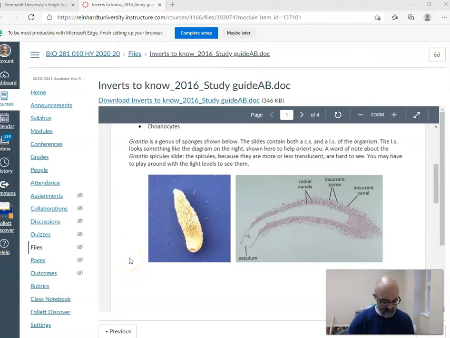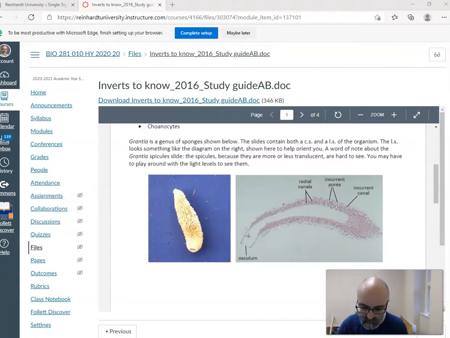The slide that we're going to be looking at is called the Grantia slide. It has CS and LS, cross section and long section. I'm going to put that up on our scope here and take a look.